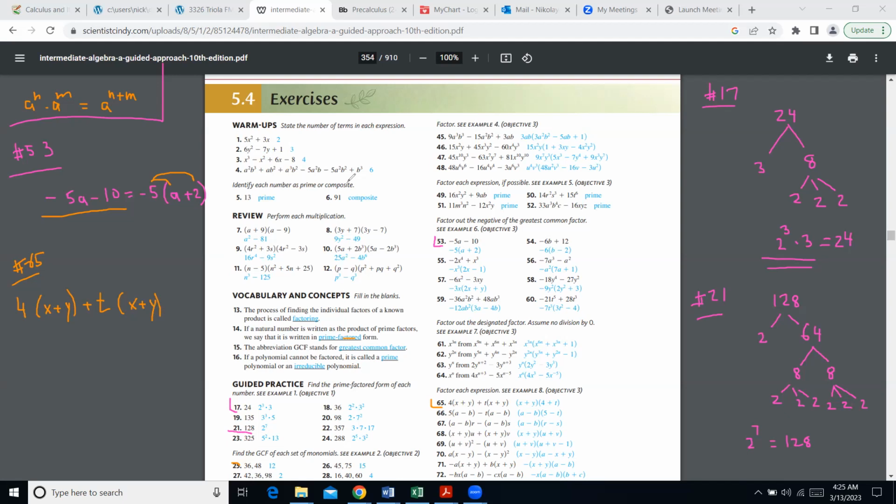Then what you can do is notice that this parentheses with x plus y in it, you can factor out. So x plus y, I can put on the outside, and whatever is left over, such as a 4 and positive t, goes on the inside of a parentheses.